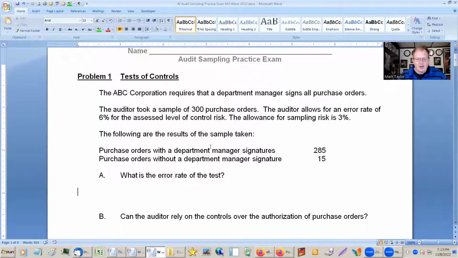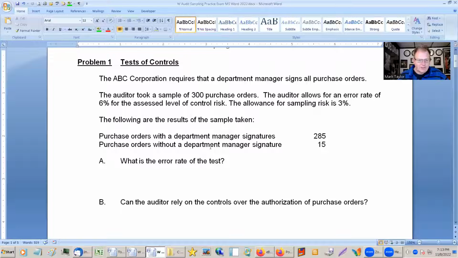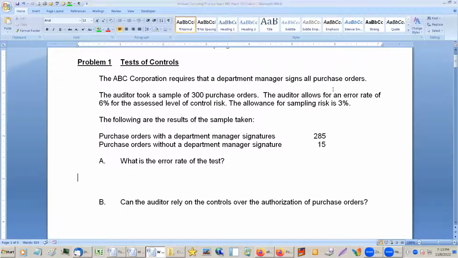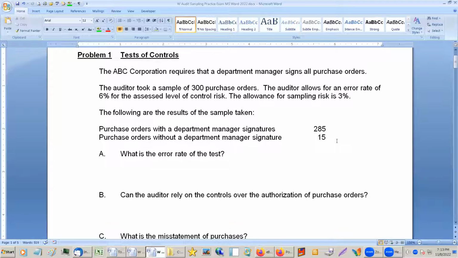So, hey, what is the error rate of the test? Anyone? Are you looking for the formula? Well, the number. What is the error rate?